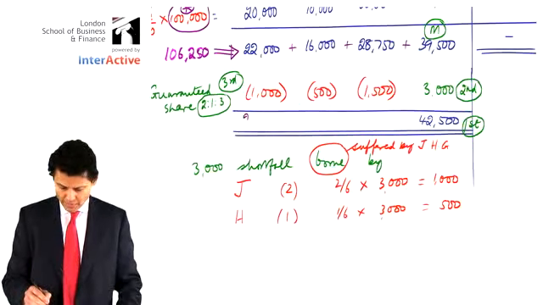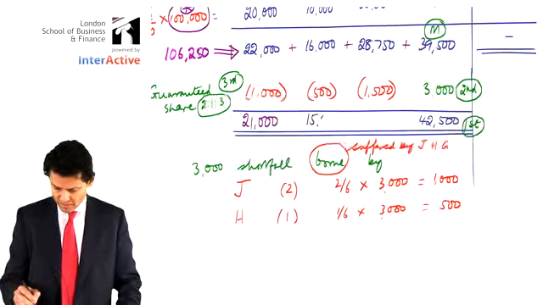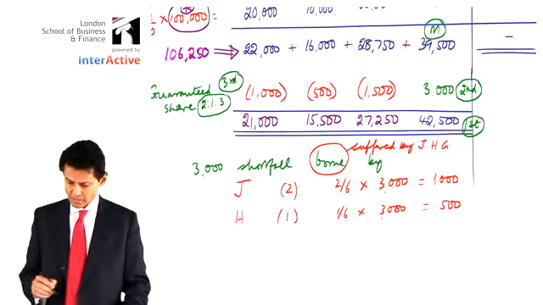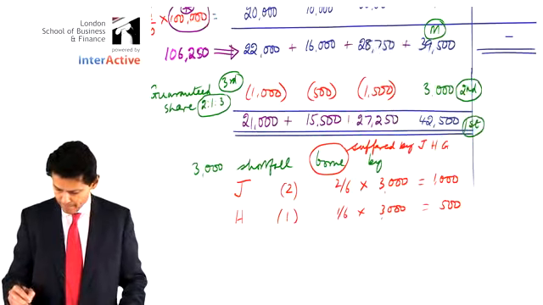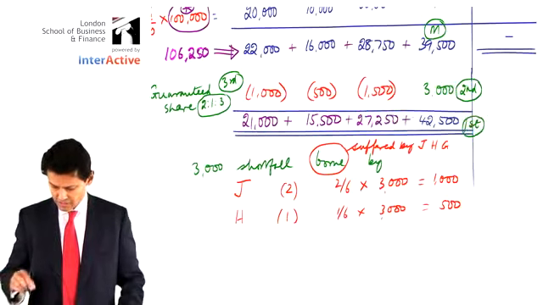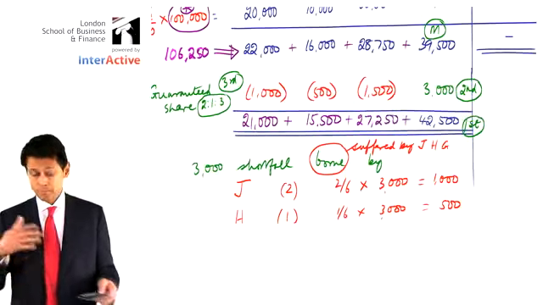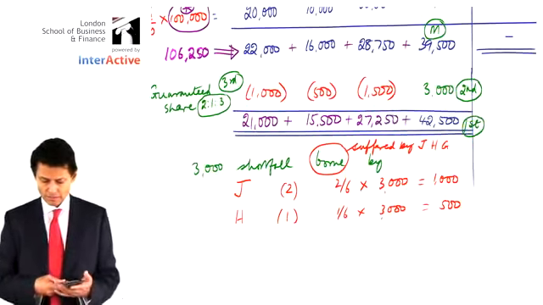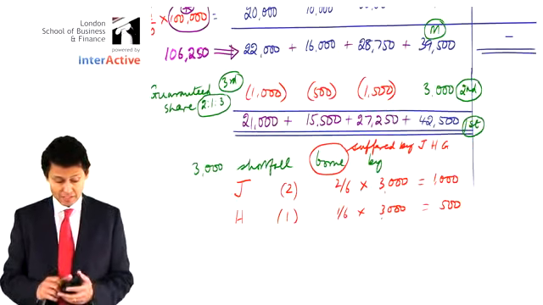The first one is 21,000. The next one, presumably 15,500. And this one, 27,250. It's interesting, in fact, to add that up and see whether, having put all those adjustments through, it still comes to the 106,000.